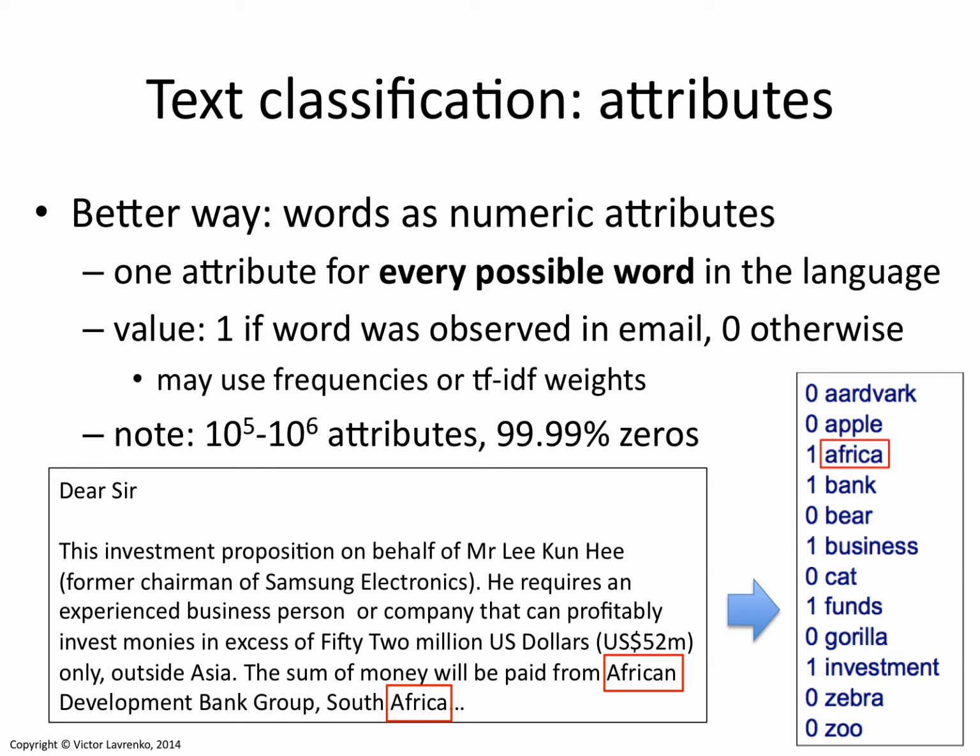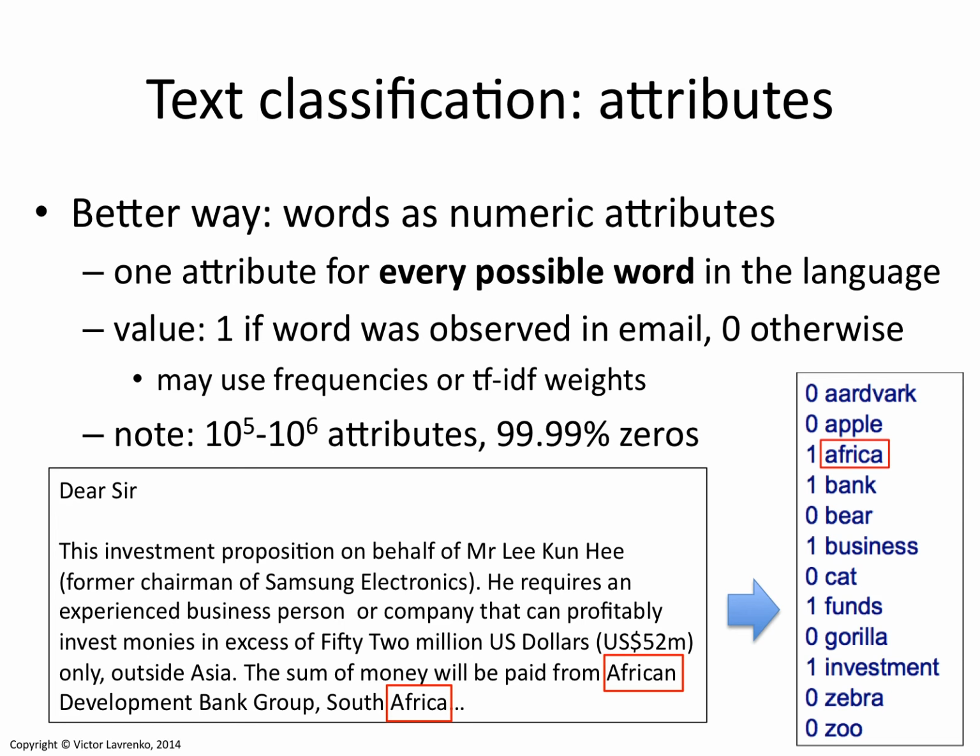So, for efficiency, you could represent them sparsely. We also don't have to stick to zeros and ones, so you could use frequencies, so how many times the word occurred instead of 0 and 1, or if you're taking text technologies, TF-IDF weights. Those are quite powerful, a lot more powerful than frequencies for representing the meaning of text.